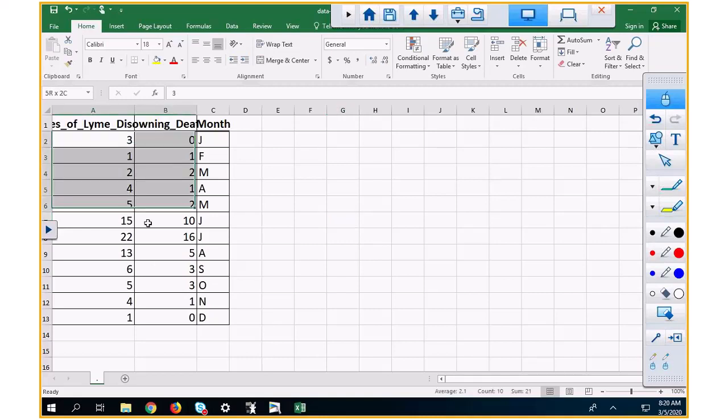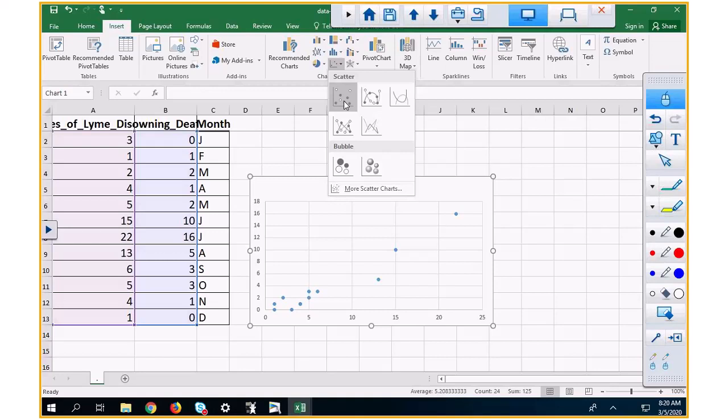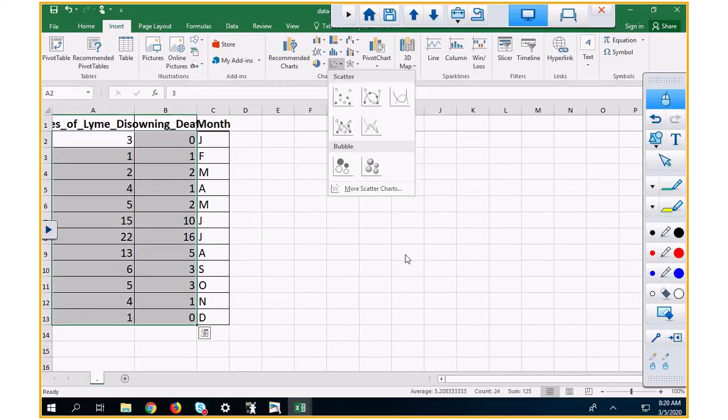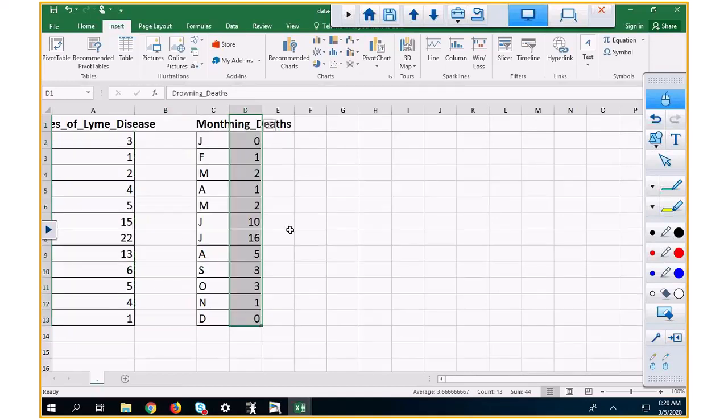I don't know how they want you to graph this. Let's see. If you do it with a scatter plot, that's not going to help. So what you might want to do is take this and Control X, Control V, move that over there, and then maybe put this.